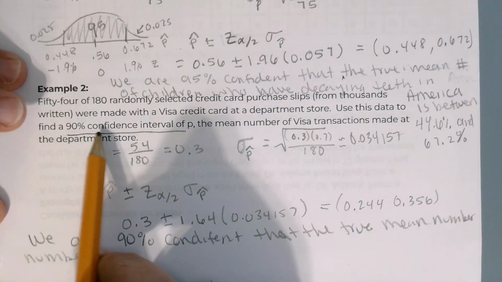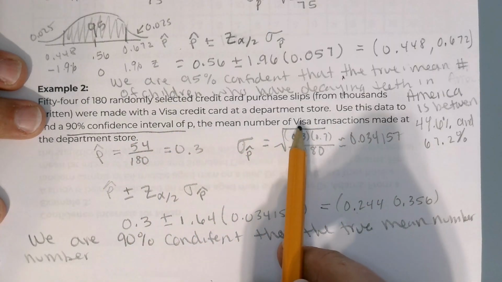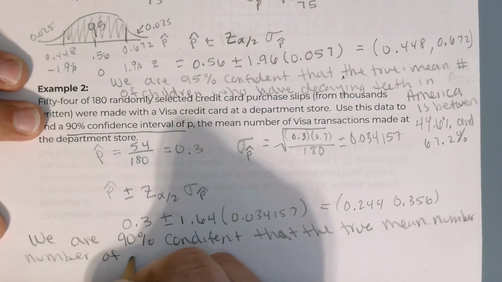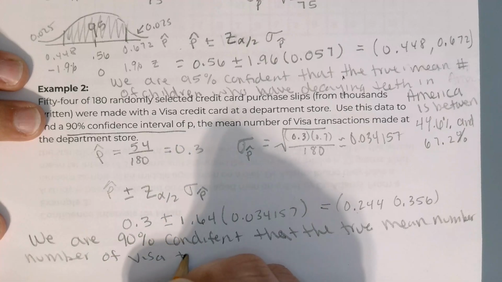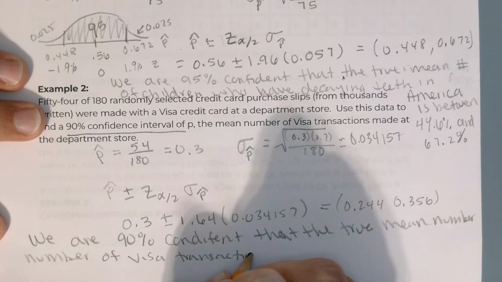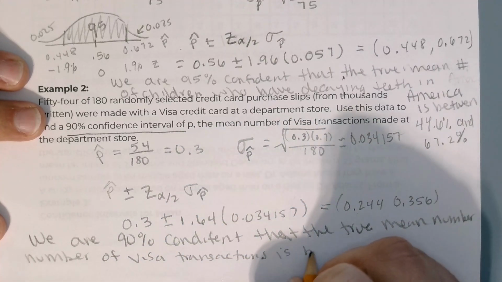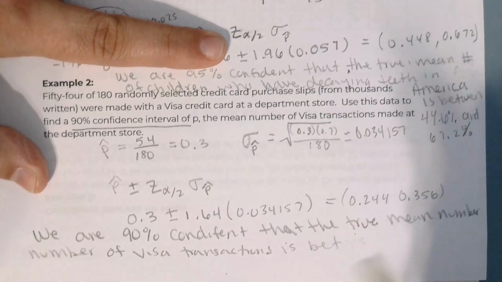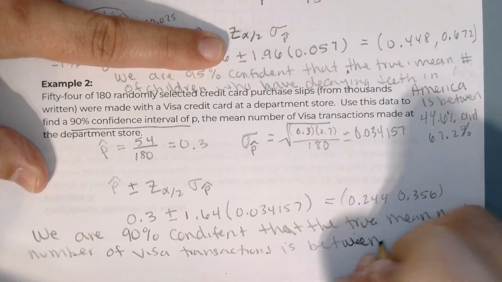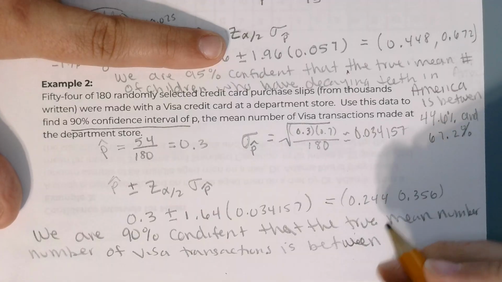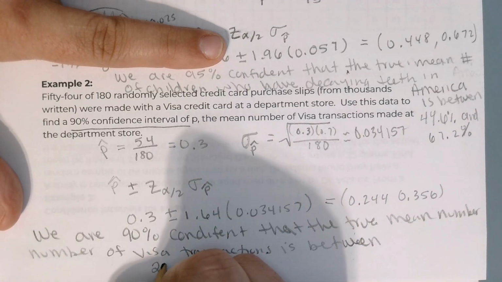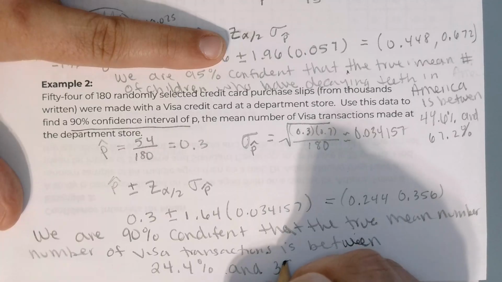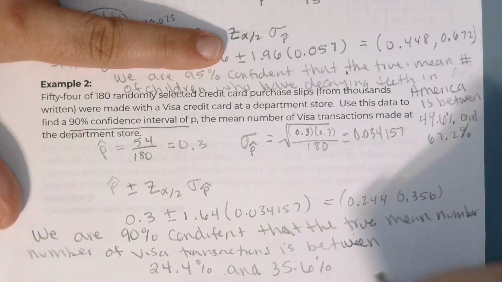We are 90% confident that the mean number of Visa transactions, so I'm just rewriting that, is between, and then I'm going to input my answers. So I just restate the question and then input my confidence interval between 24.4% and 35.6%. Okay.